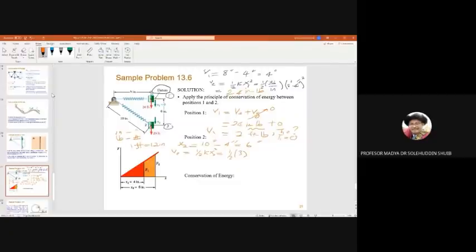The unit, remember, is pound per inch, still pound per inch. And then multiply by 10 minus 4 inches square. So what do you get? 6 square, 36. 36 times 3, and then divide by 2.